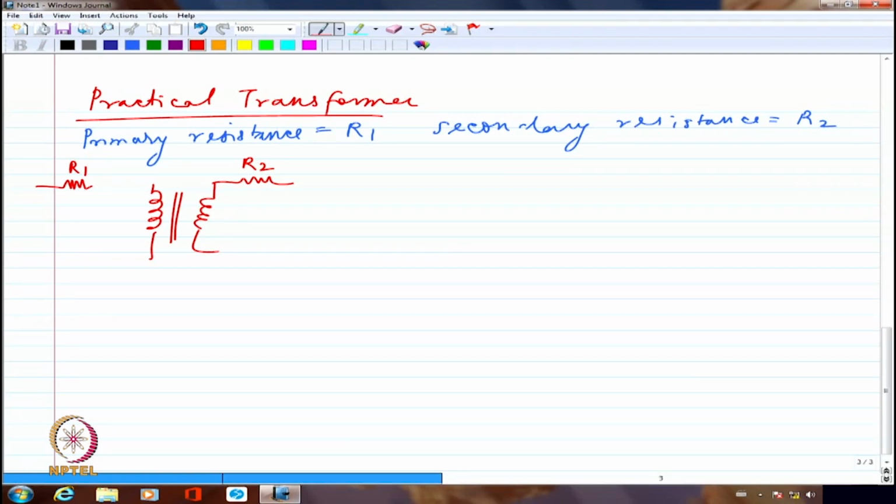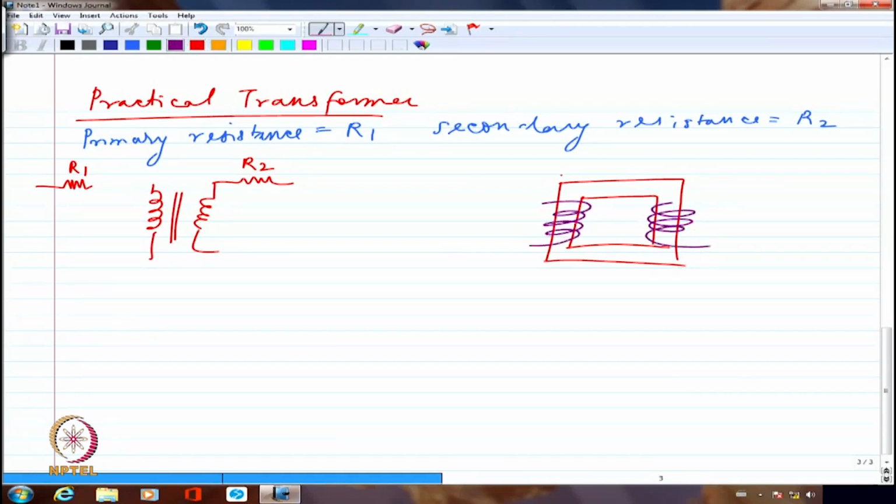So if I have this as the core, with the primary winding here and the secondary winding here, although most of the flux will go like this, maybe one or two flux lines will go like this and go like this. These are leakage flux lines as far as the primary is concerned. Similarly, I will have at least some flux lines go here like this and go here like this. So these are going to be the leakage flux lines corresponding to the secondary.